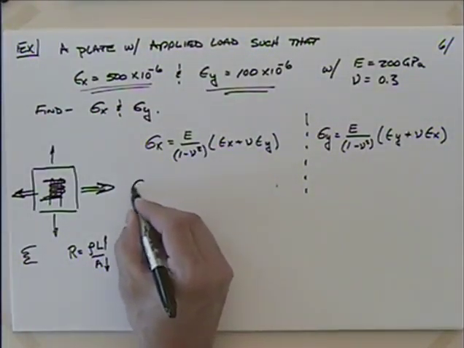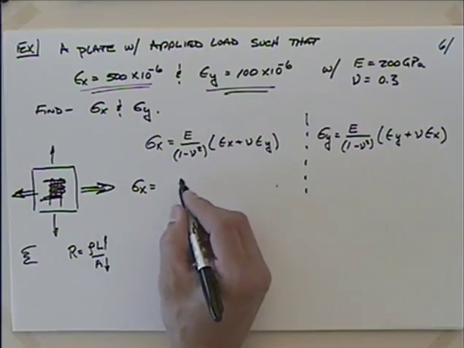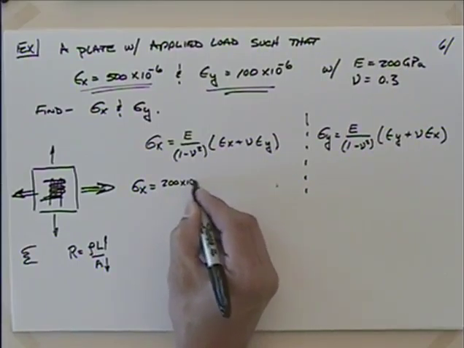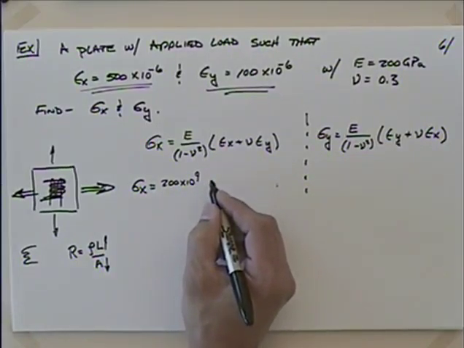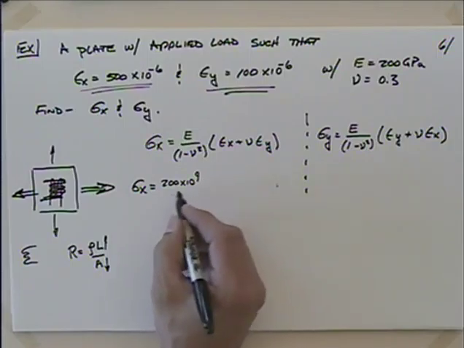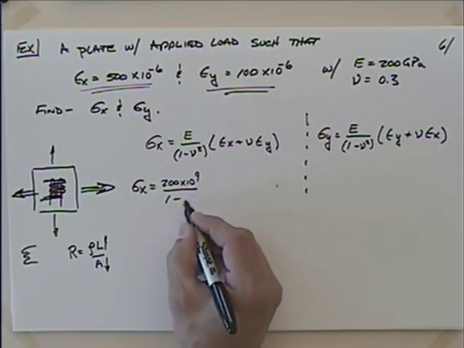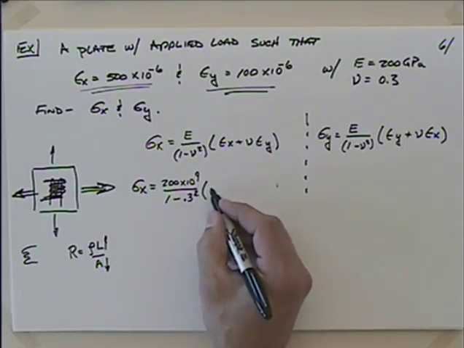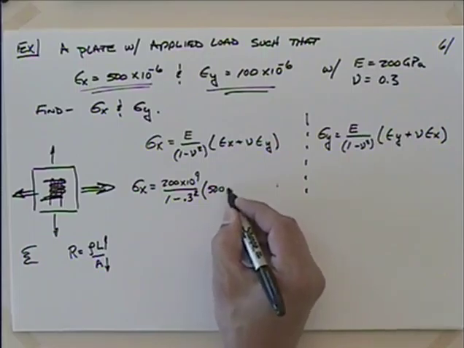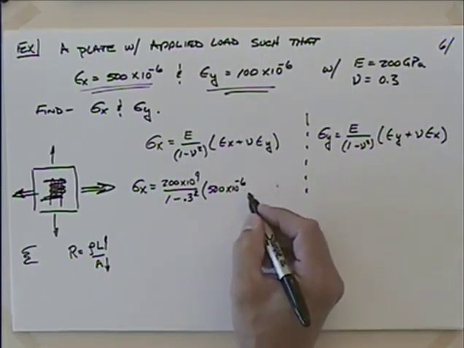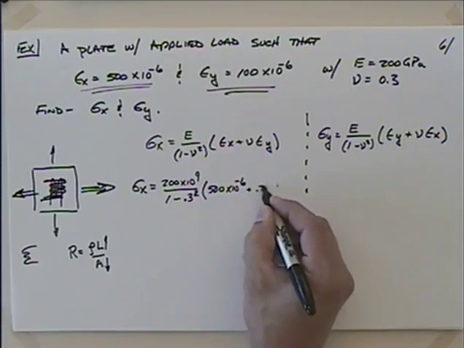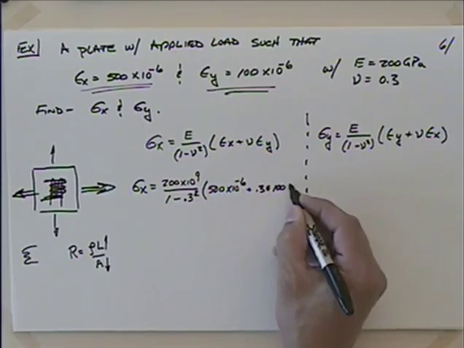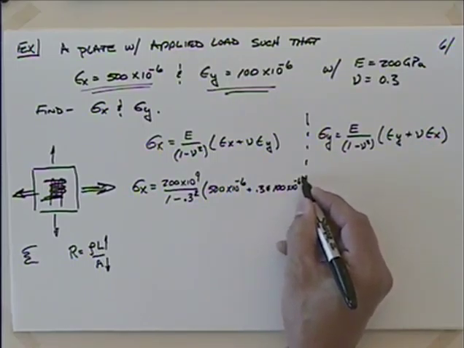Let's see if they work out for us. So we could say then that sigma x is equal to, E was 200 gigapascals, so I have 200 times 10 to the 9, which would be pascals, newtons per meter squared, divided by 1 minus 0.3 squared, times epsilon x, which is 500 times 10 to the minus 6, there's no units there, plus 0.3 times epsilon y, which is 100 times 10 to the minus 6.